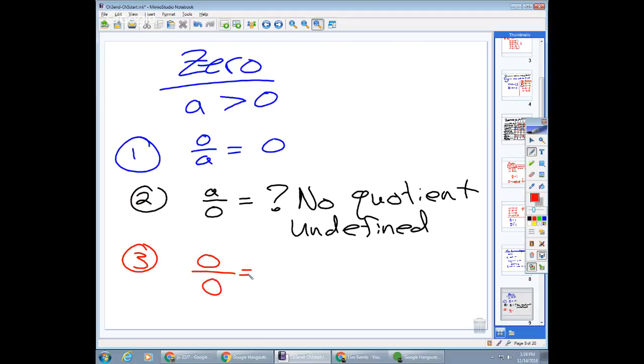So this is called indeterminate. There are rules that lead to a possible quotient, but there's no way to determine which is the best rule. There's this rule, there's that rule. They both work. We can only have one. Therefore, we have no answer.